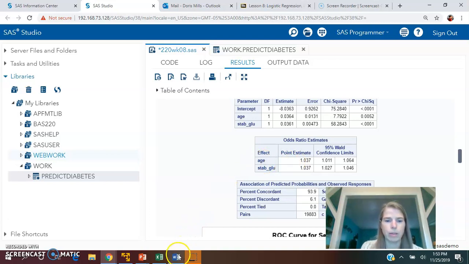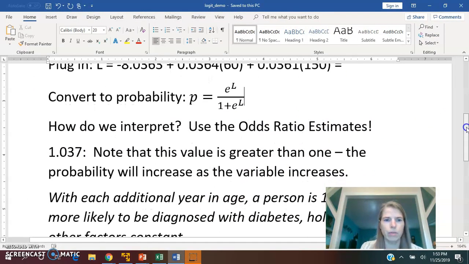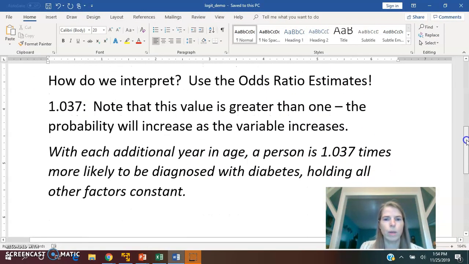So let's go back to that Word document and talk about this particular value. We would say as our interpretation that with each additional year in age, a person is 1.037 times more likely to be diagnosed with diabetes holding all other factors constant.